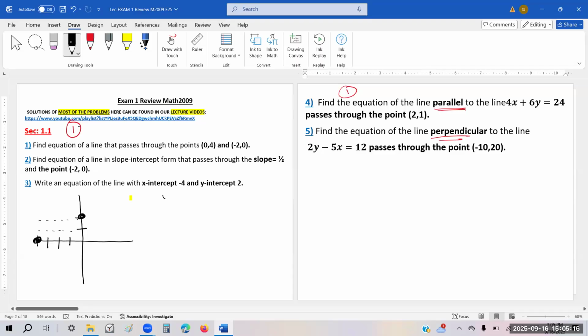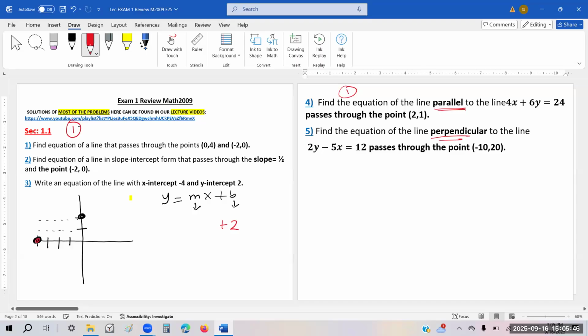So we know the equation of any line in slope-intercept form is y equals mx plus b. That means you just need to know what m is and what b is. What is b here? The y-intercept, so it's 2. Definitely we know it's 2. And now slope. Do you remember what slope is? Y over x, right?